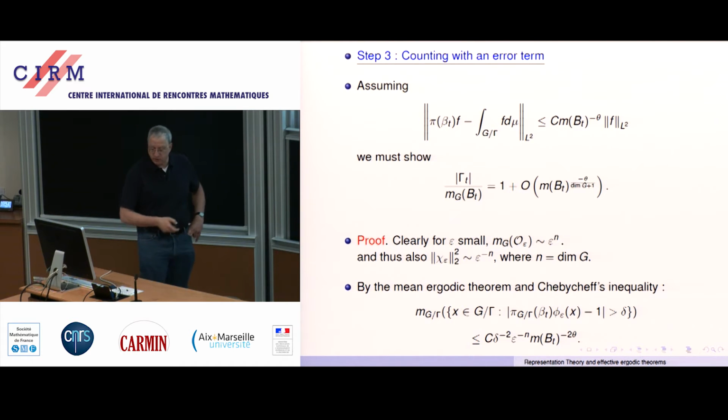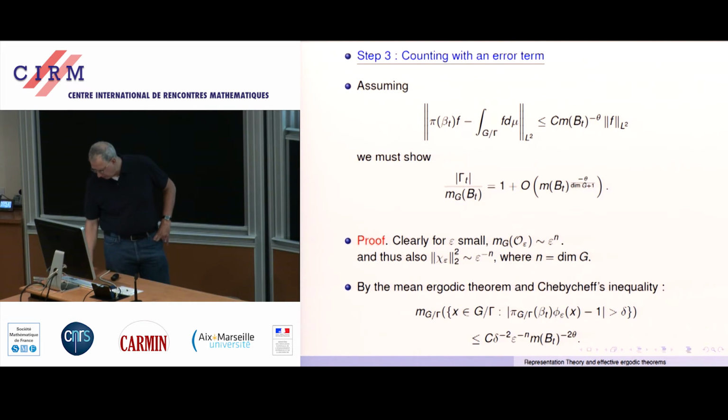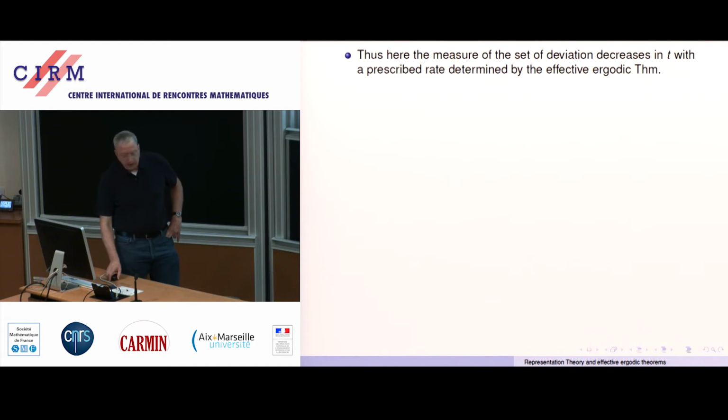I'm using the Chebyshev inequality in L2. And so here, the measure of the set of deviation decreases in t with a prescribed rate determined by the effective ergodic theorem. That's the new ingredient.